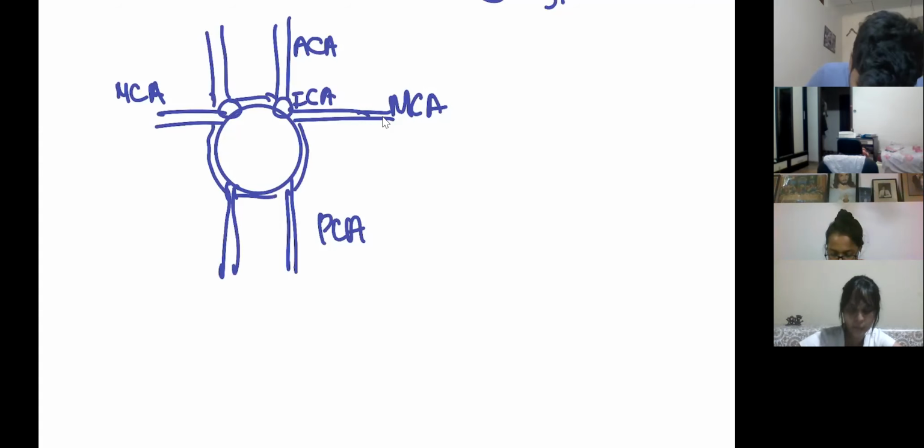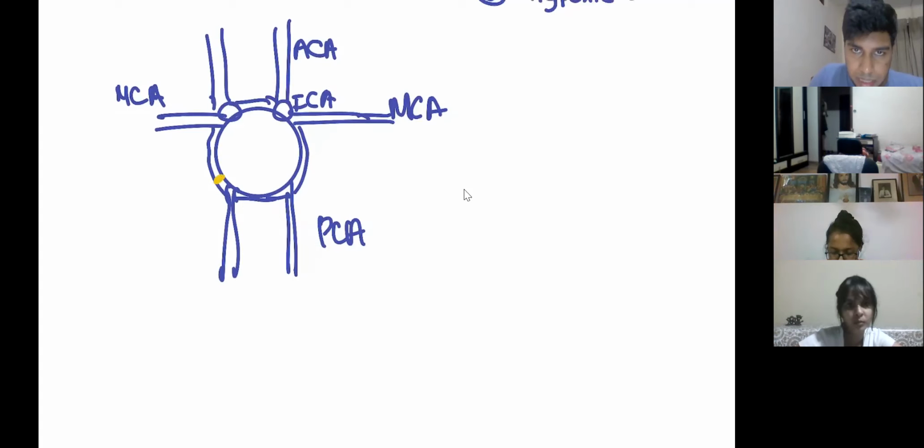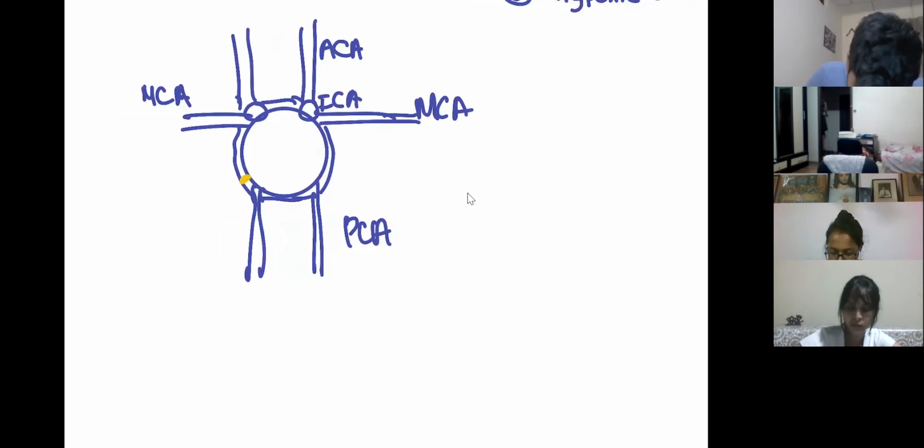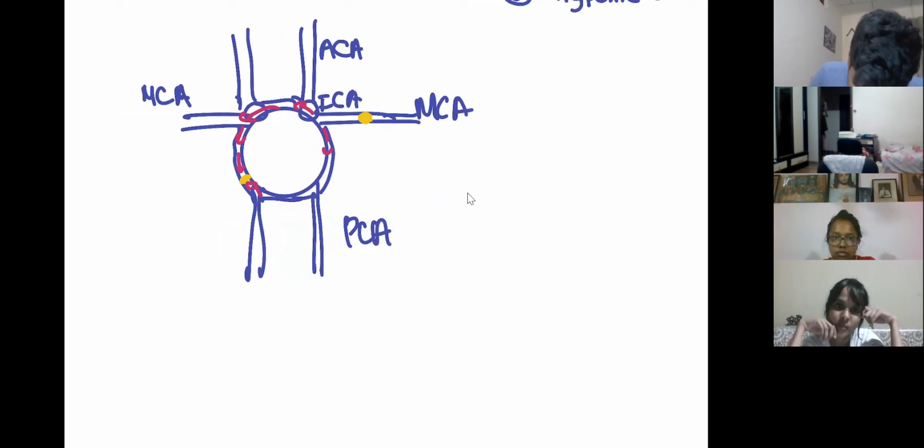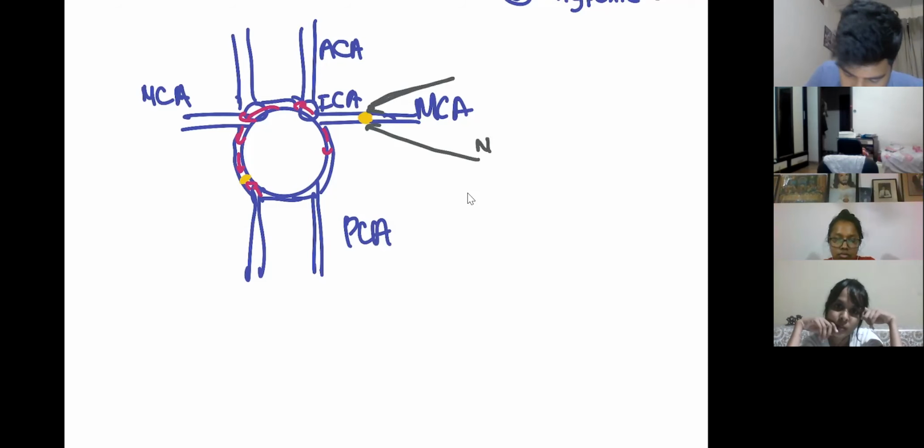Let's say there's some damage in this area. So the blood will be given to that area from this circle. But what happens if the damage is here? You don't have that circle effect anymore. So what happens then? The entire area that is supplied by this will undergo necrosis. It can die. That necrosis is basically cell death, followed by inflammation.